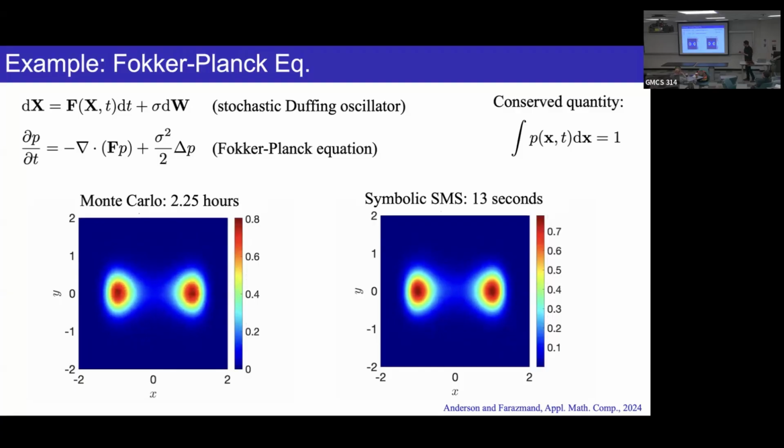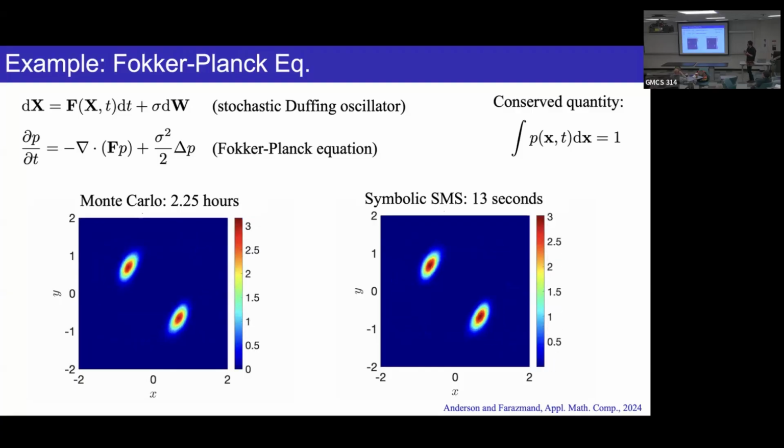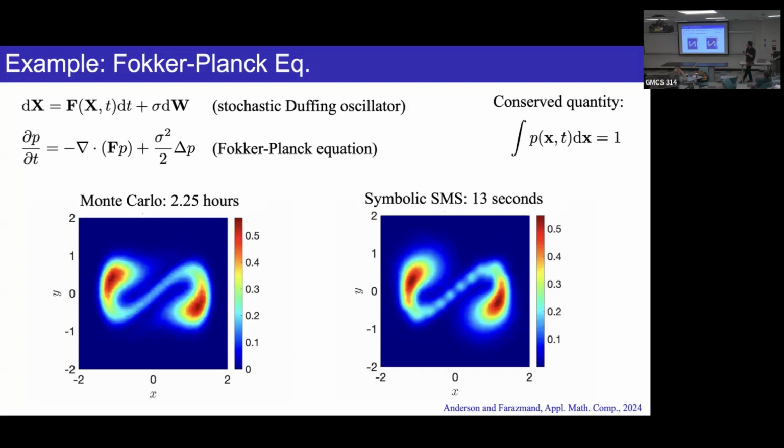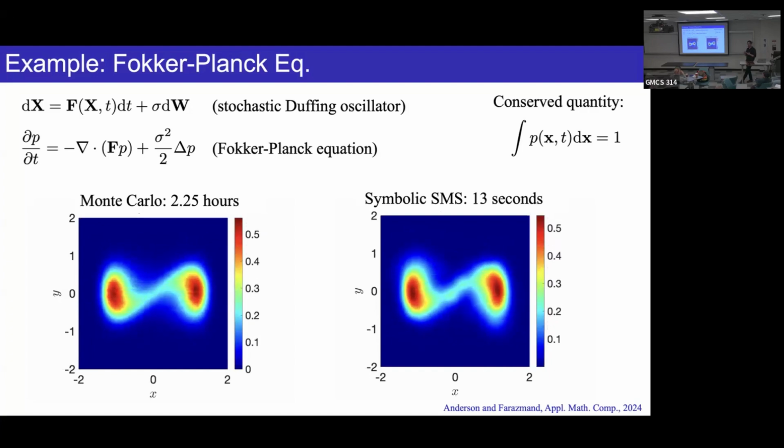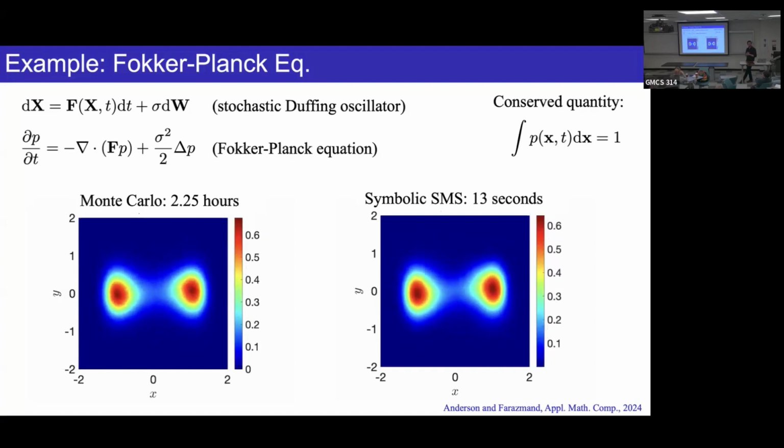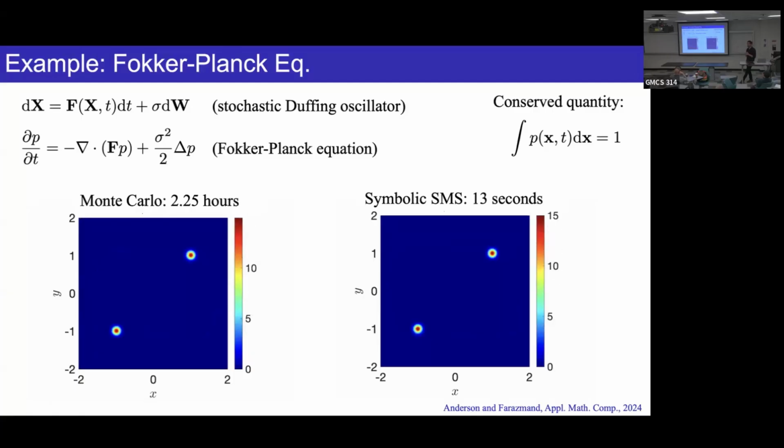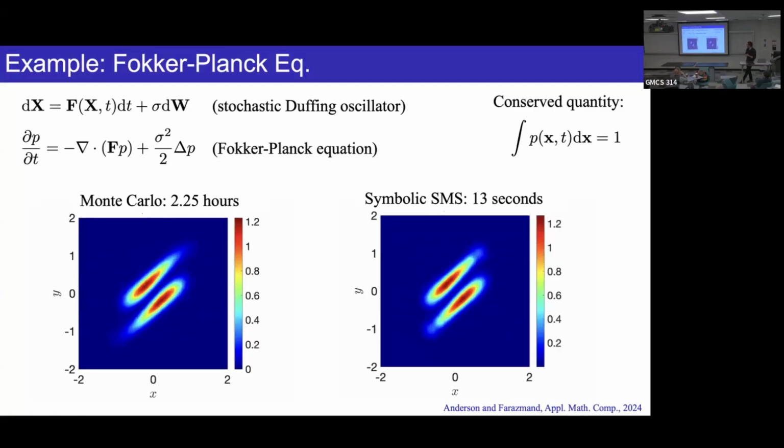In this case, again, Fokker-Planck lends itself, or it's very natural, to try to approximate solutions as a sum of Gaussians. And doing symbolic computations with Gaussians is very straightforward. So what I'm doing here is symbolic SMS, where I'm computing all the inner products with symbolic computations.